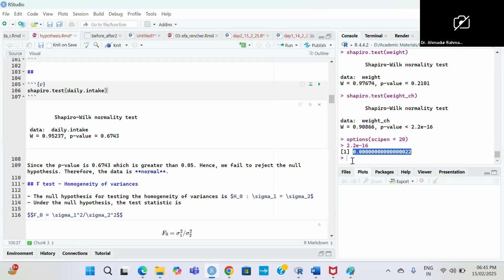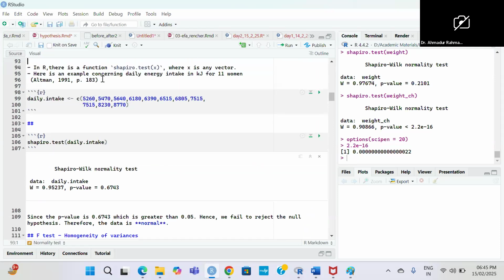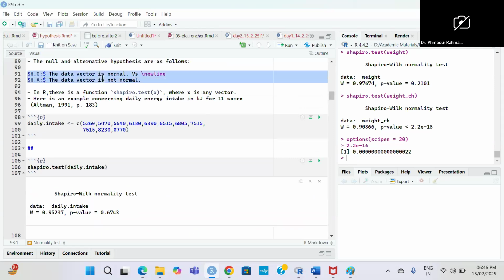And for the Shapiro-Wilk test, what is our null hypothesis? For the Shapiro-Wilk test, what was our null hypothesis? Our null hypothesis was, see here, that the data vector is normal, and the alternative, HA or H1, is that the data vector is not normal.